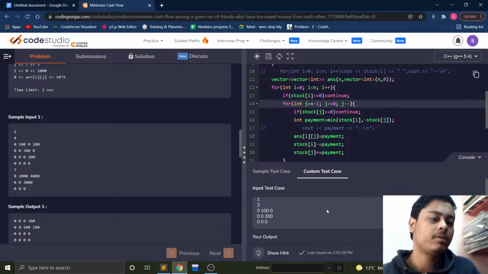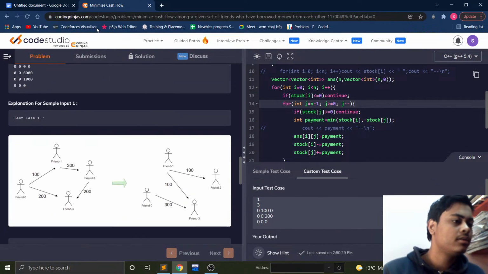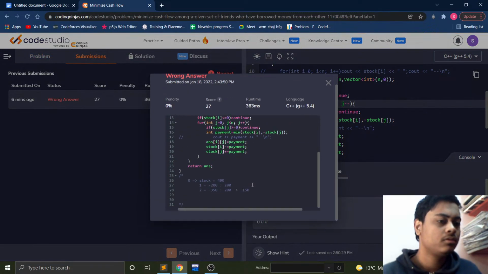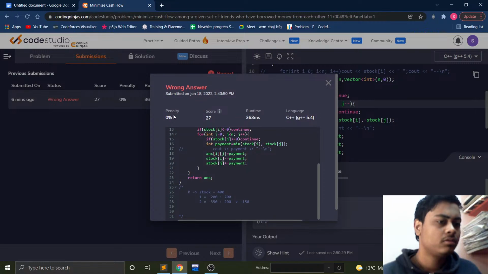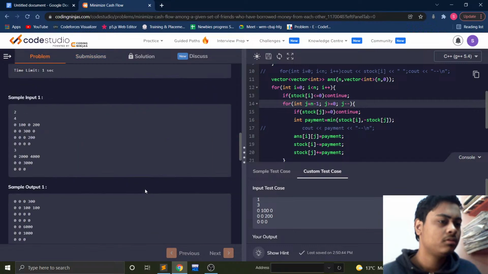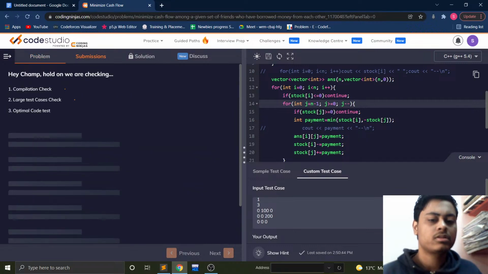Now it is coming correctly. Let us try to check for the big test case. Code. Let's try to submit this.